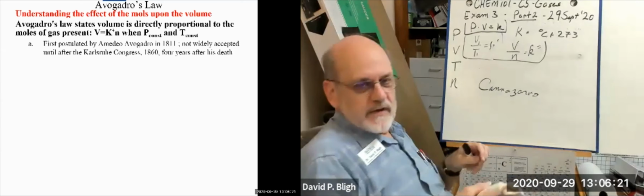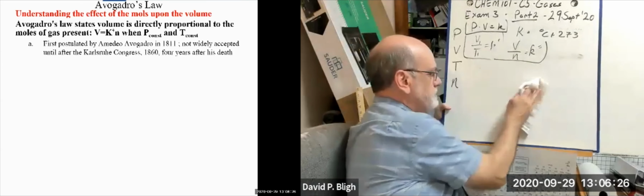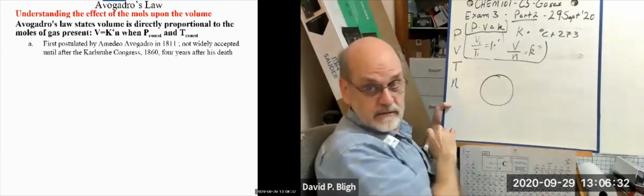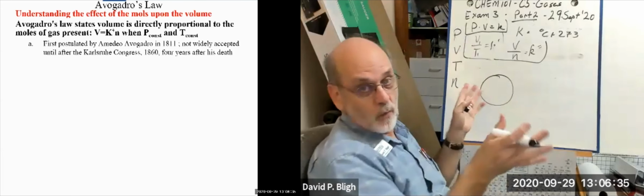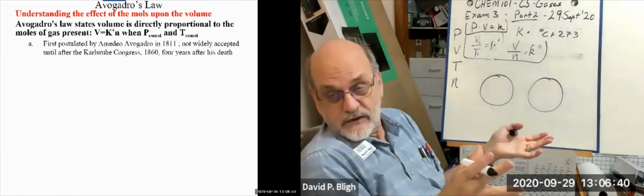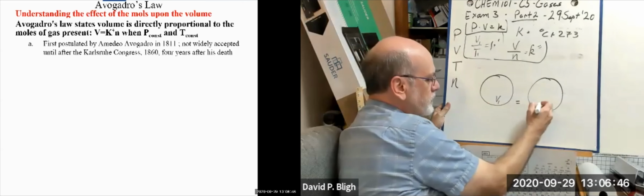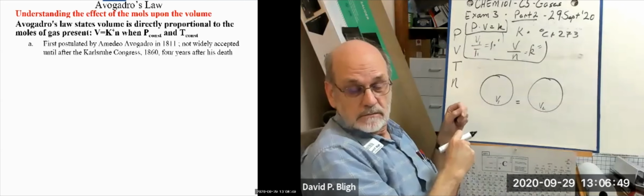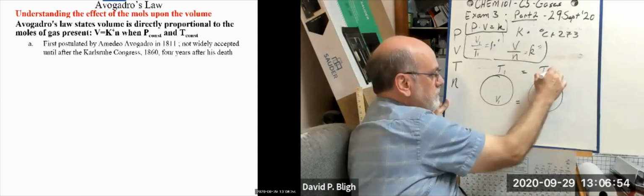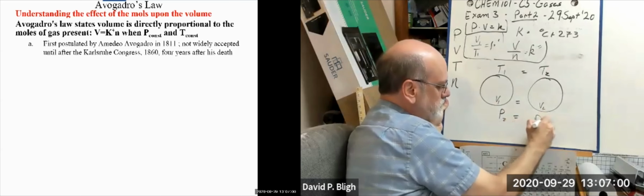And here's the application of Avogadro's law. What Avogadro said was, if you have a volume of a gas, it matters not what gas, and you have another volume, could be a different gas, as long as volume 1 is equal to volume 2, and you have both of these volumes at the same temperature and both of them at the same pressure, right?